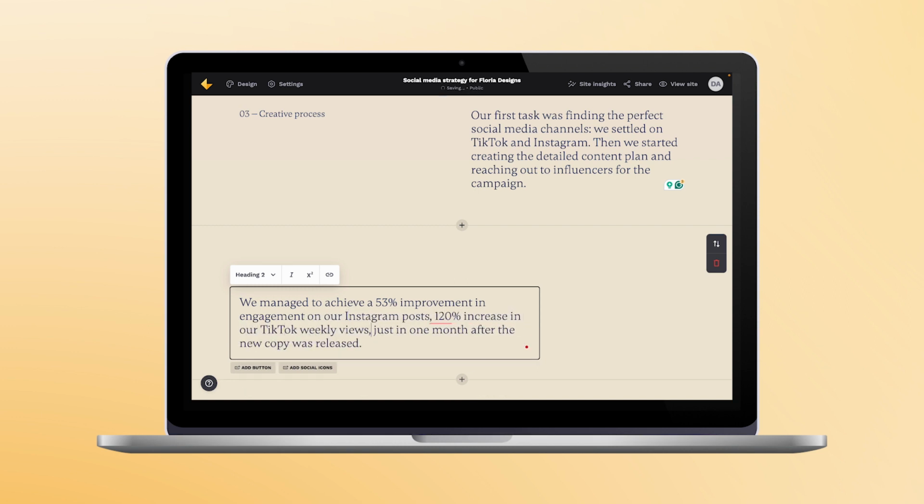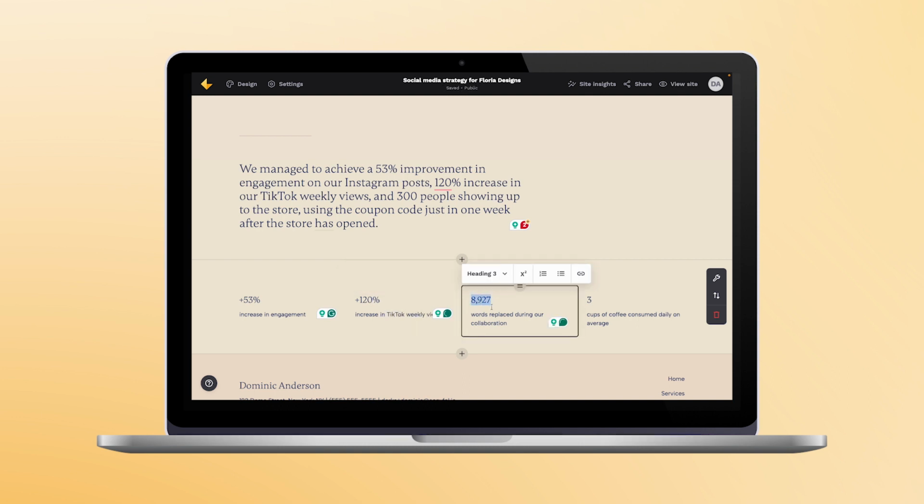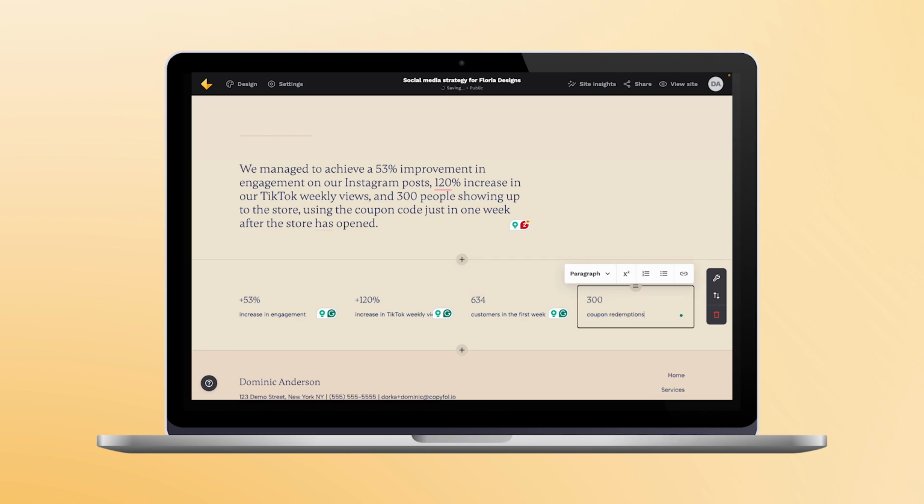Some of the things that you could include would be increases in things like the number of followers, engagement on posts, reach and impressions, traffic to the brand's website, sales from leads from social media, usage of branded hashtags, mentions of the brand on different social media platforms, and even UGC content created about the brand and its products or services.